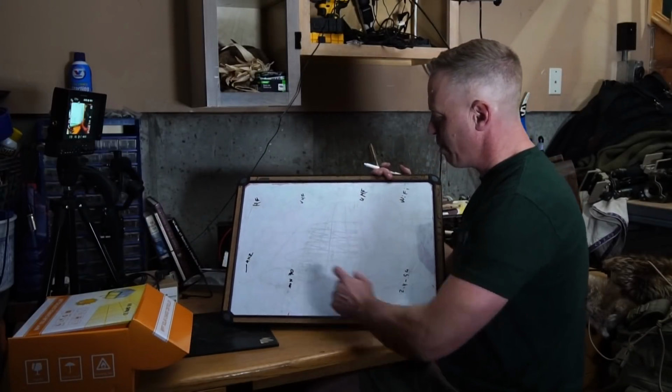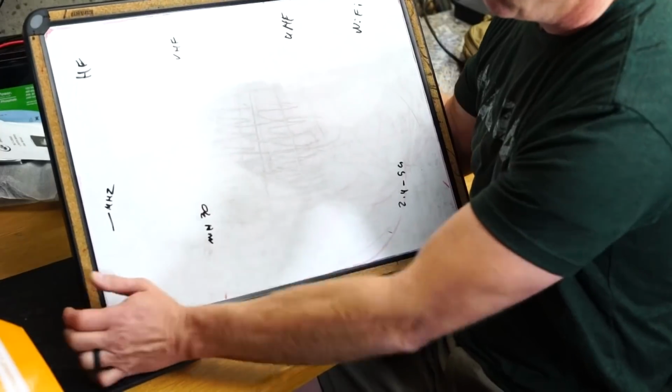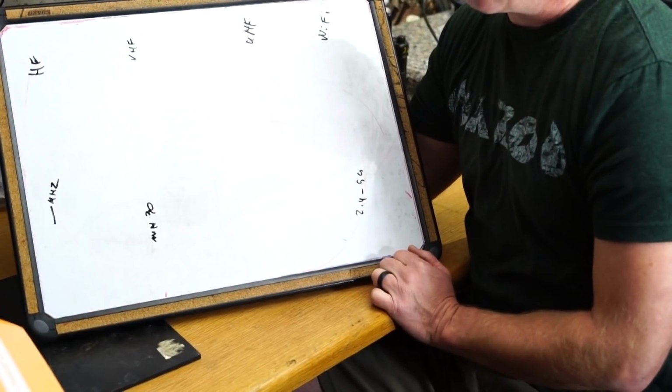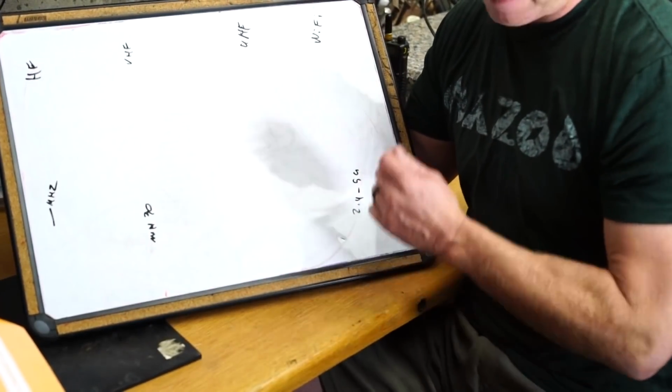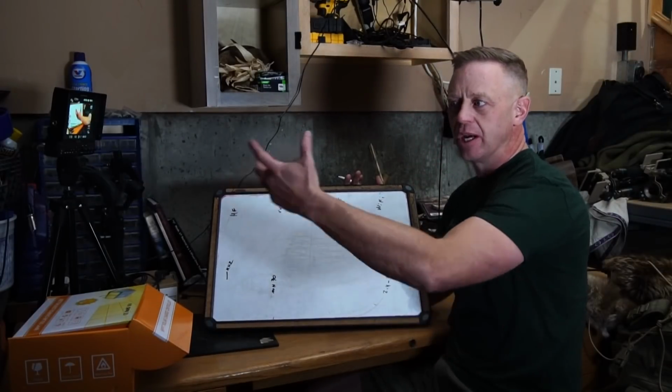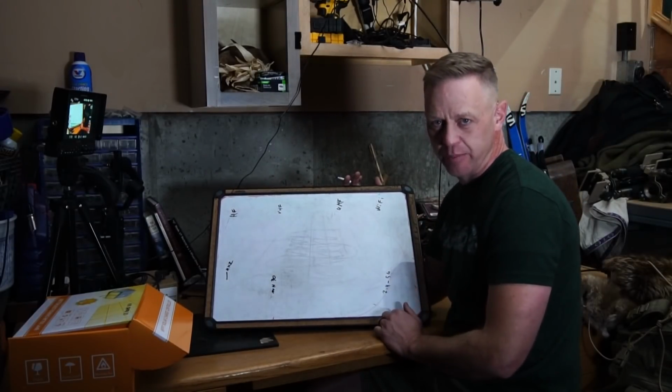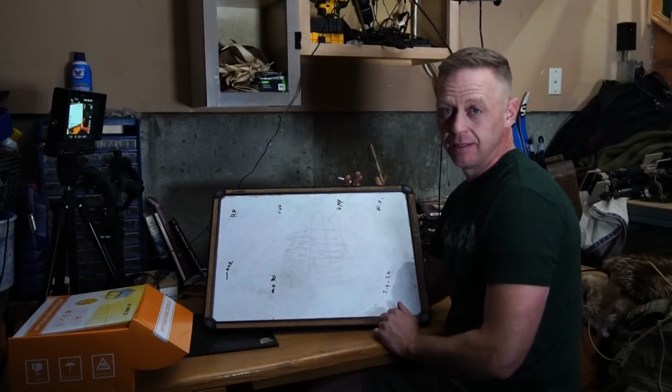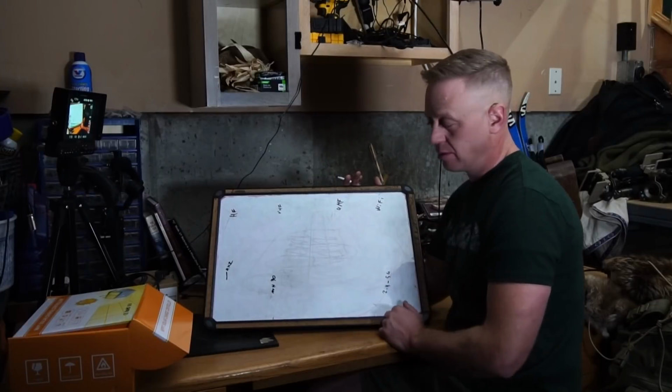Now, the reason we spaced all this up is because these frequencies have different properties. Attenuation, being the act of something absorbing the electromagnetic spectrum or absorbing the light, affects these things differently.